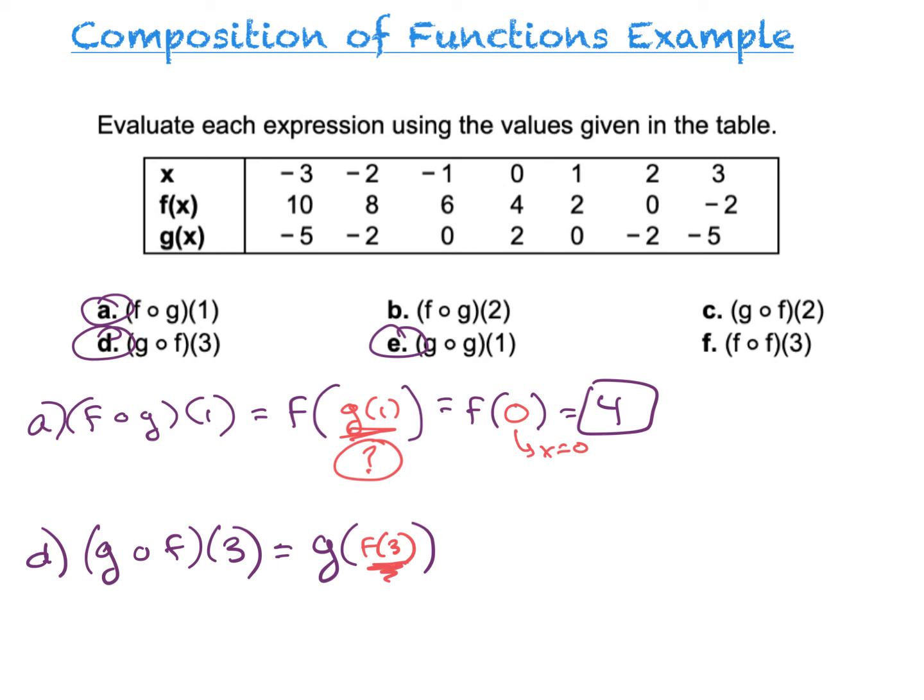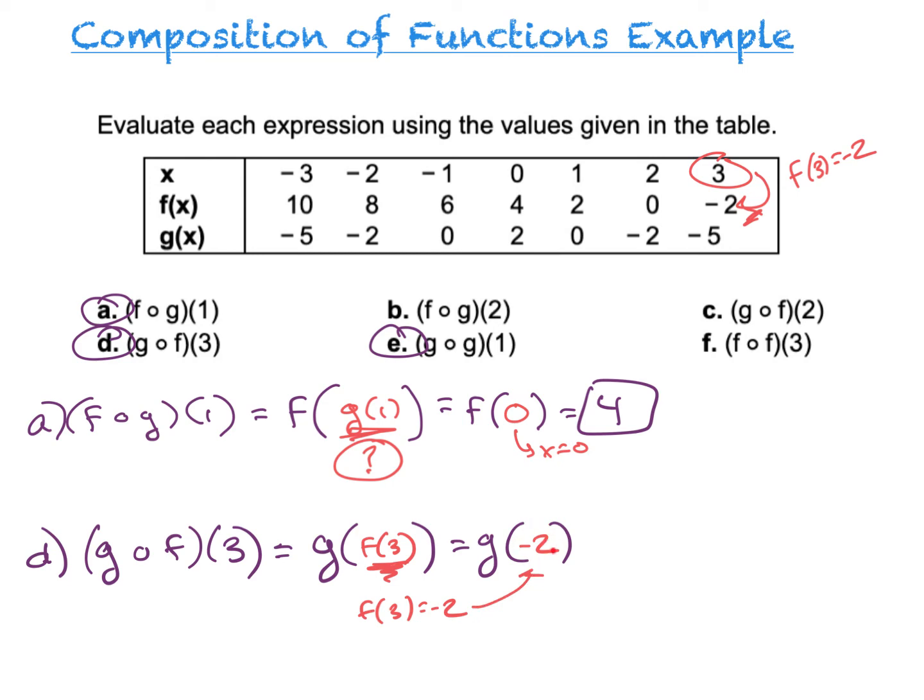Okay, f of 3. So I need to find x equals 3. At x equals 3, what is the f value? F is negative 2. So f of 3 is negative 2. That means this is asking us to find g evaluated at negative 2.